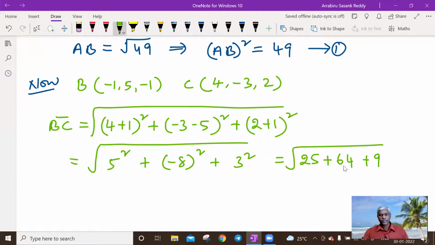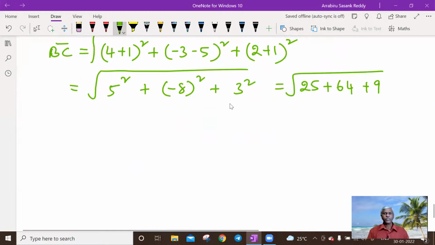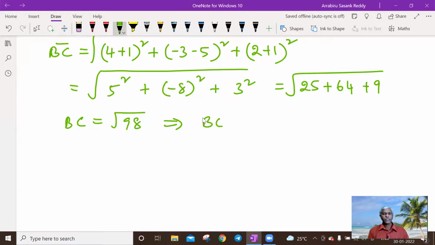So this is 64 plus 25, 89, plus 9, 98. So BC is equal to under root 98, or BC square is equal to 98. So this is the second side.